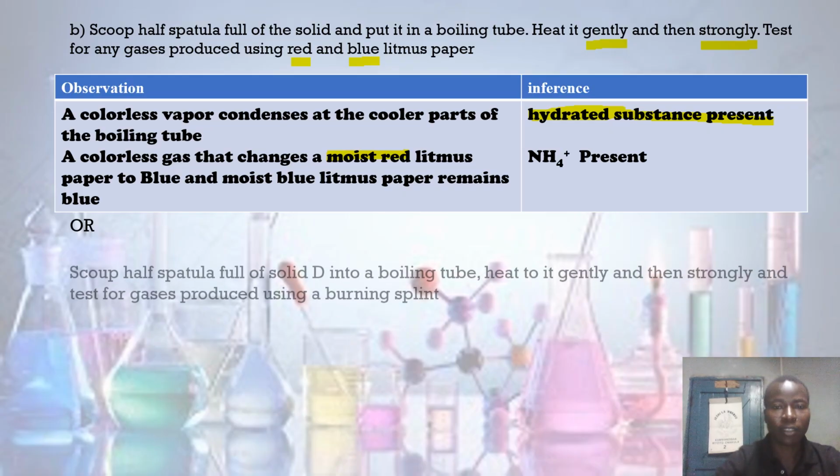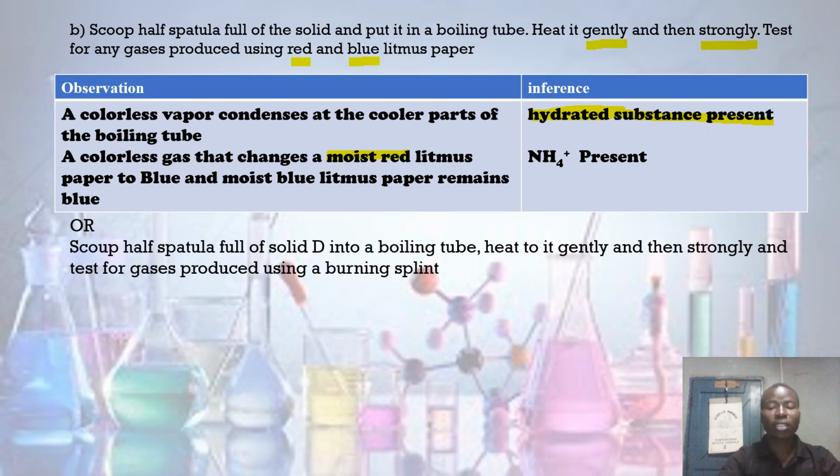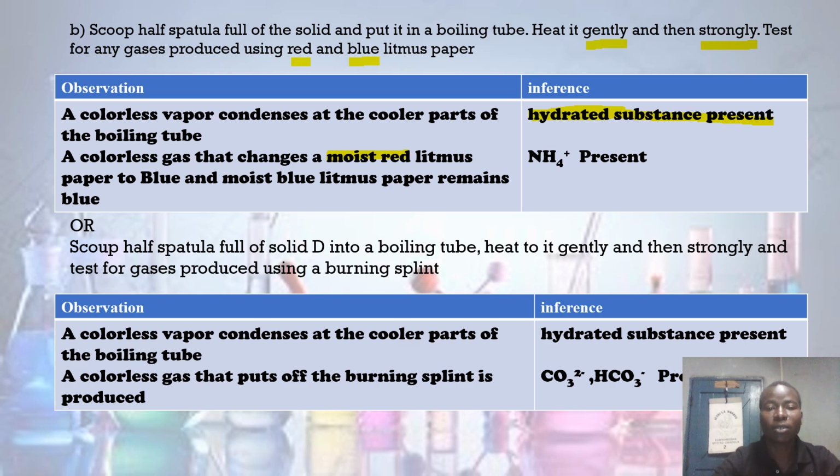Or alternatively, you can be asked to test for the gas that has been produced using a burning splint. When you are using a burning splint, we are trying to see what is going to happen to it. In my case, I am looking at an example where the colorless gas that has been produced puts off a burning splint.